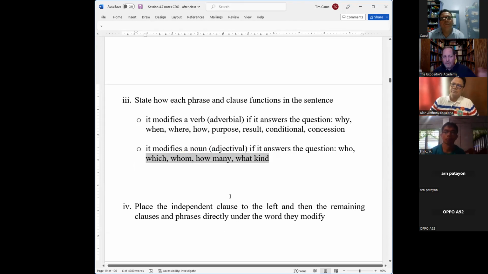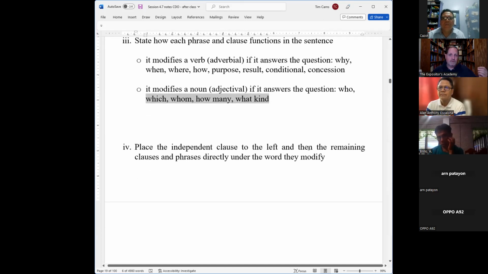That just helps to indicate what possible word it could modify. So that's the 3rd step. Then the 4th step is simply to place that phrase or clause underneath the word it modifies. Those are the 4 steps in the process for coming up with the diagram.